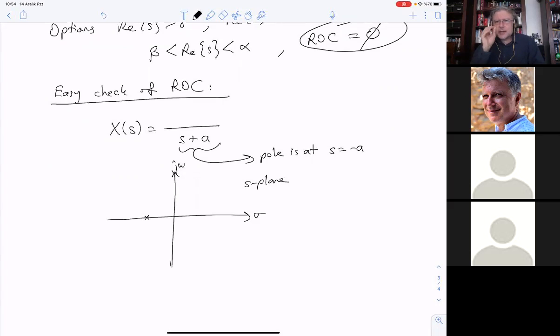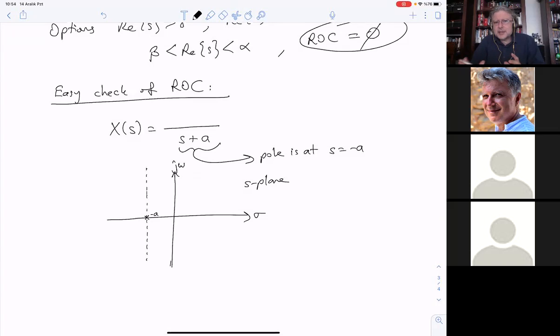You put a cross at that point, and that indicates the pole. How do we find the pole? By looking at the roots of the denominator. Here we have a single order polynomial of s, therefore we have one pole only, and it's at s equal to minus a. We put a cross, and we put a dashed line that crosses the pole vertically.